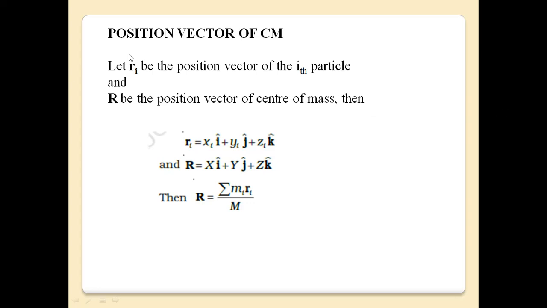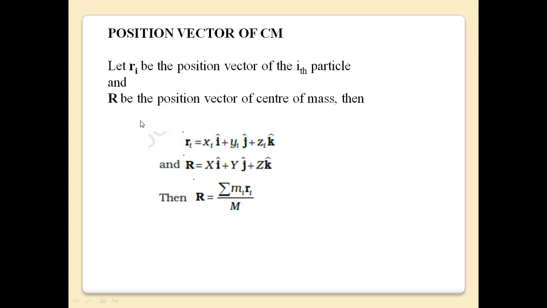Now let us see what is the position vector of the center of mass. Let ri be the position vector of the ith particle. The position vector is the distance of the particle from the origin, and capital R will be the position vector of the center of mass.